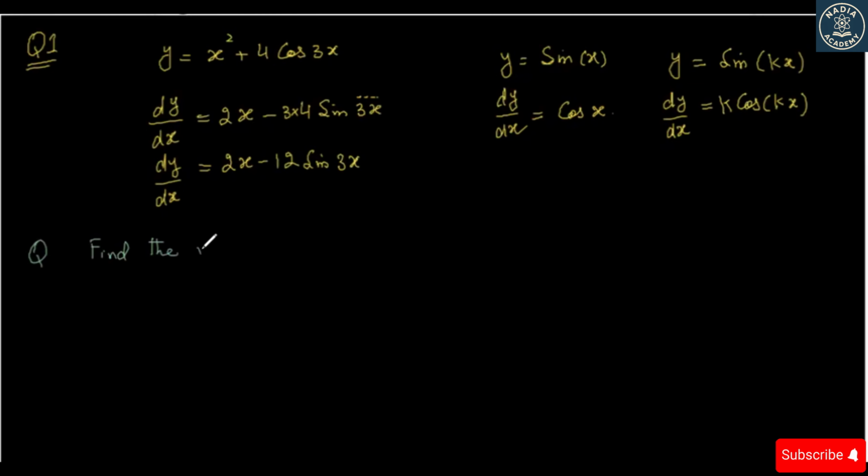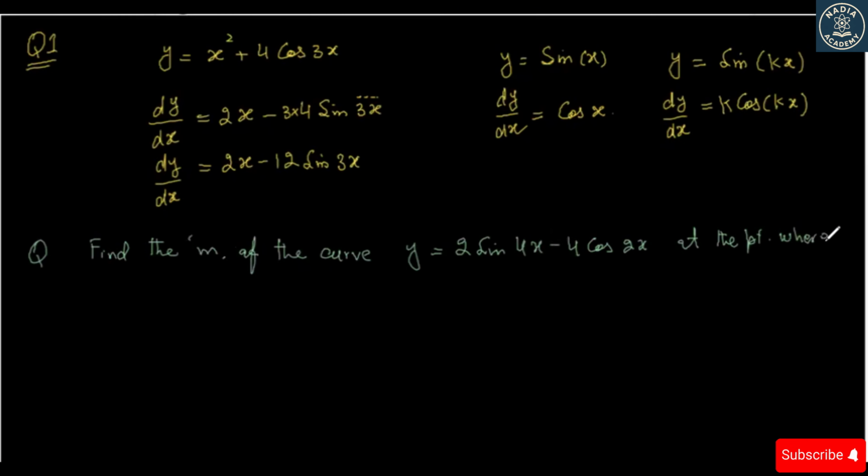Find the gradient m of the curve, and this curve is y is equal to 2 times sin 4x minus 4 times cos 2x, at the point where x is equal to pi by 2. Now we need to solve this question.